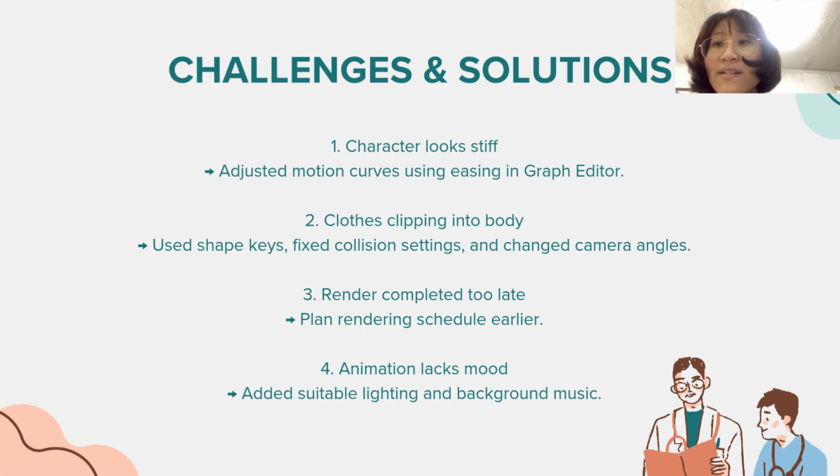The third challenge is rendering completed too late. The solution is to plan the rendering schedule earlier. And the last challenge is the animation lacks smoothness. The solution is to add suitable lighting and background music.